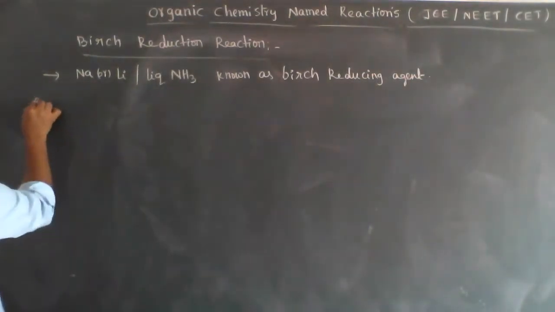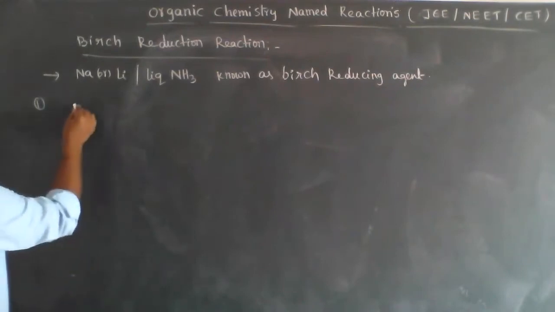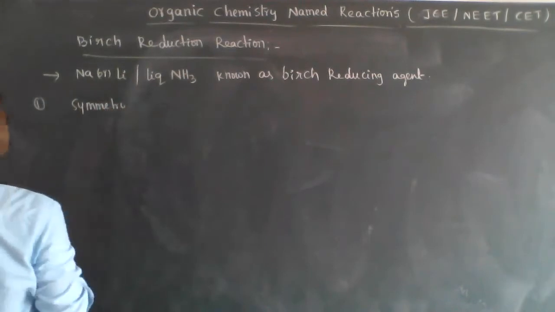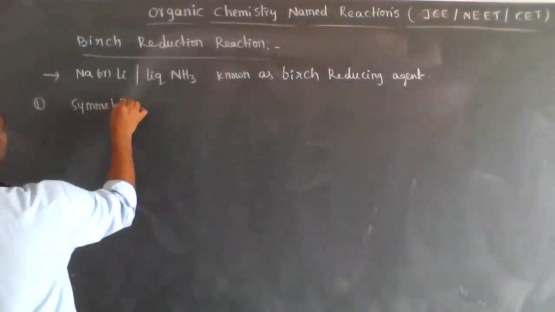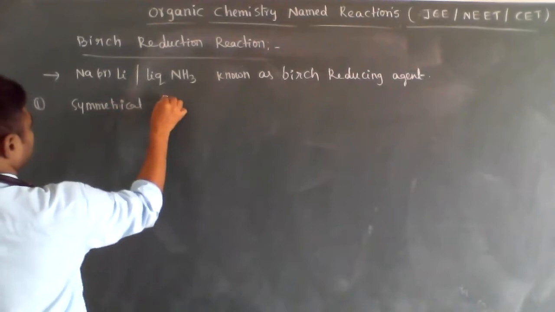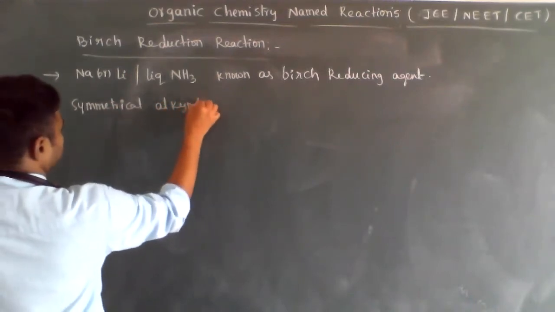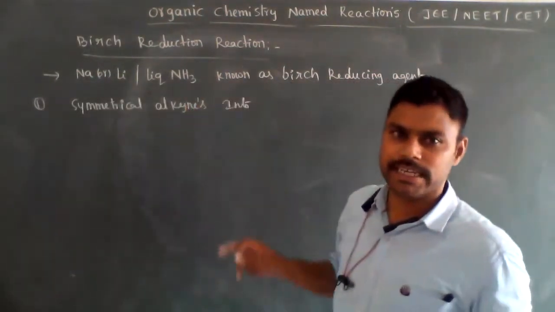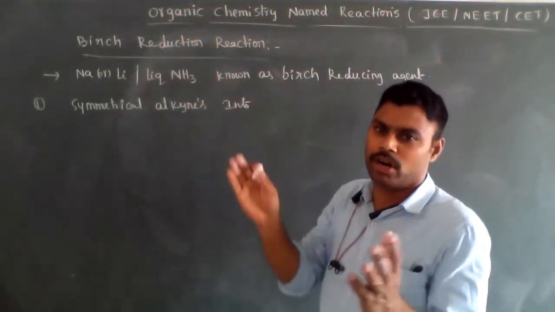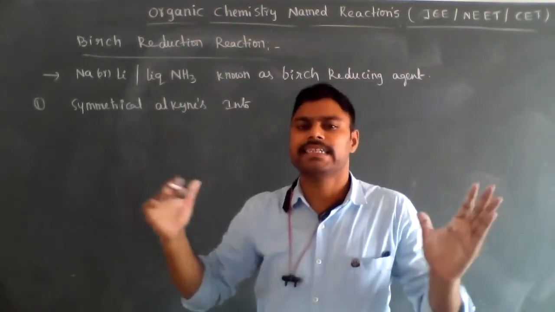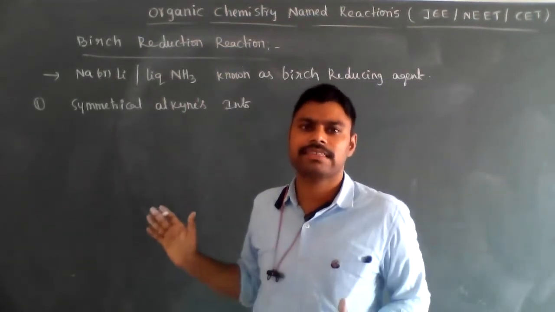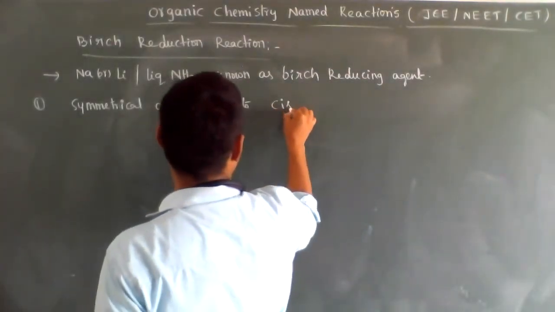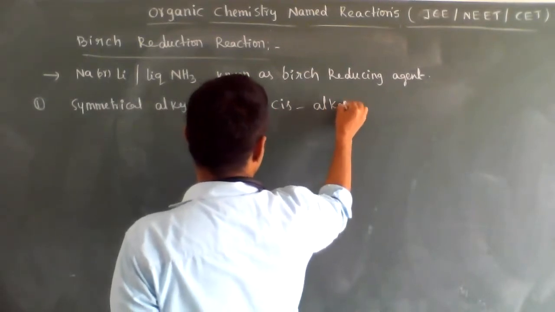The first application: symmetrical alkynes. Whenever symmetrical alkynes, meaning around the triple bond the left side and right side groups are both the same, are treated with the Birch reducing agent, they are converted into trans alkene. Not cis, sorry, trans alkene.